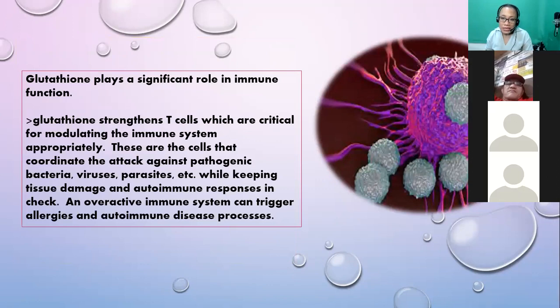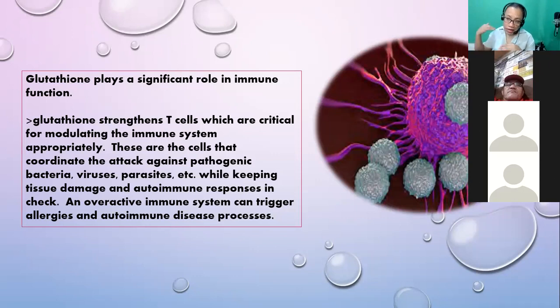Now, glutathione plays a significant role in immune function because glutathione strengthens the T cells. These are natural killer cells that are very much critical in modulating the immune system appropriately, meaning to say, mi-nomodulate nila yung reaction ng immune system. Karamihan kasi ng immune system, kapag na-excite ng masyado, nag-overreact.